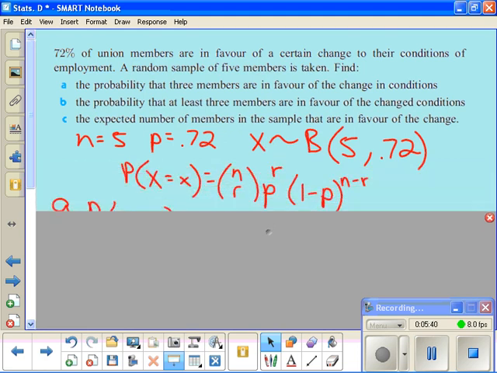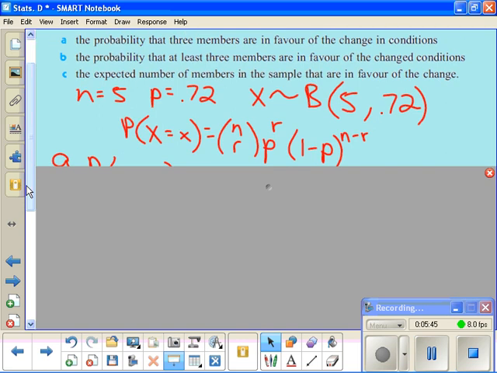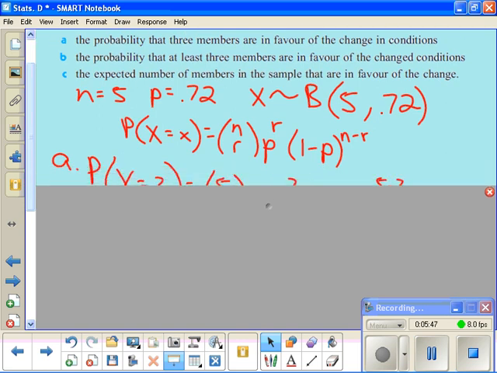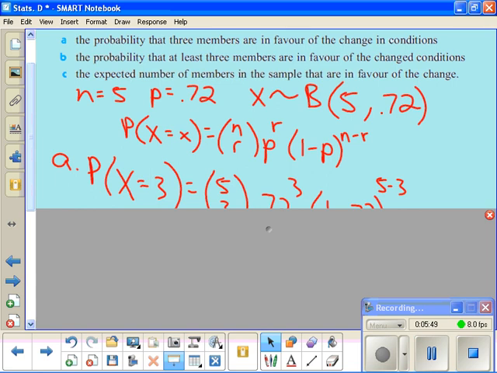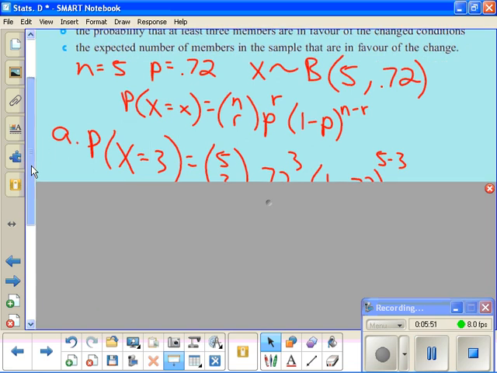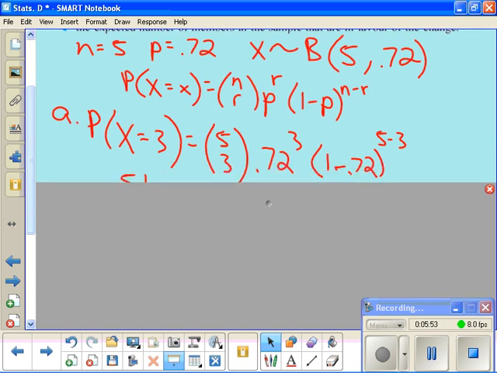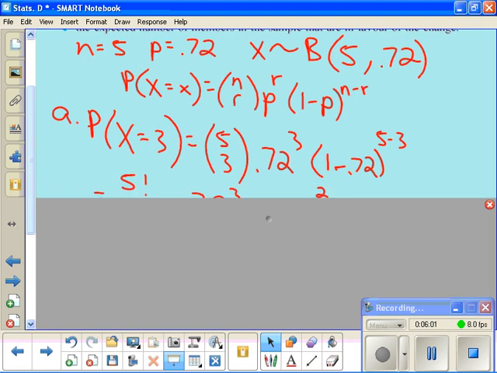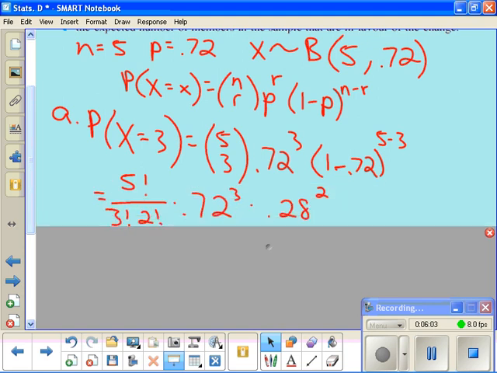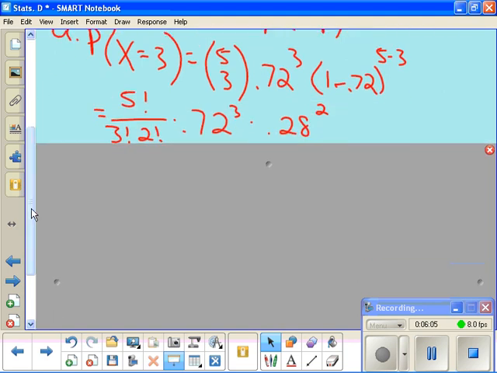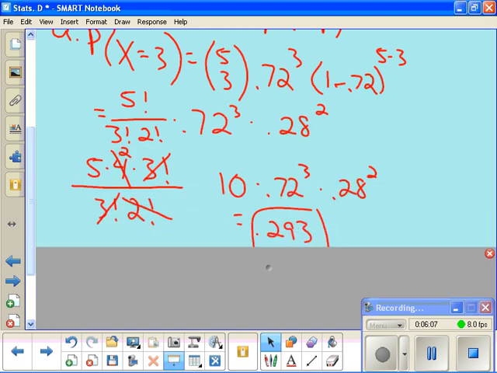This is how we're going to find part A, because the probability of X equaling 3, since it says the probability of 3 members being in favor, is 5 items taken 3 at a time, 0.72 to the third, 1 minus 0.72, which is 0.28, to the second power. And that's what we see here. We multiply all that out to get our actual probability, and it comes out to be 0.293.